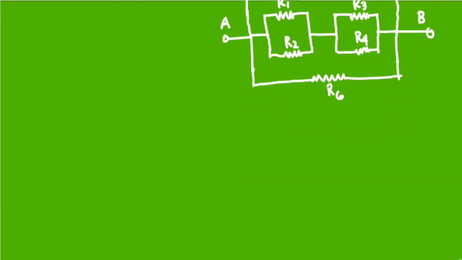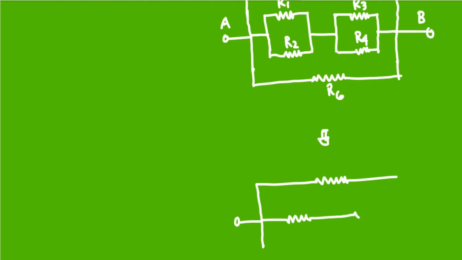Again, we can simplify this circuit diagram. R5 and R6 will be unchanged. In place of R1, R2 we can denote only a single equivalent resistance, and in place of R3, R4 another equivalent resistance.